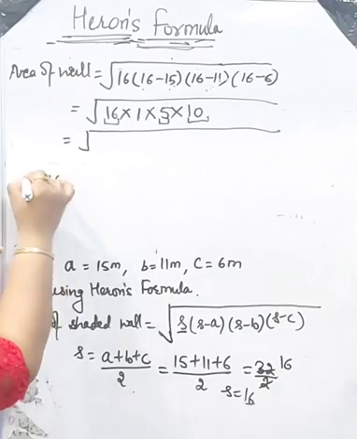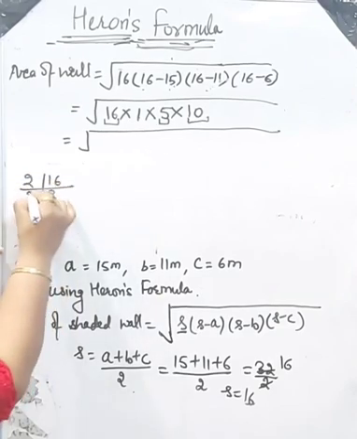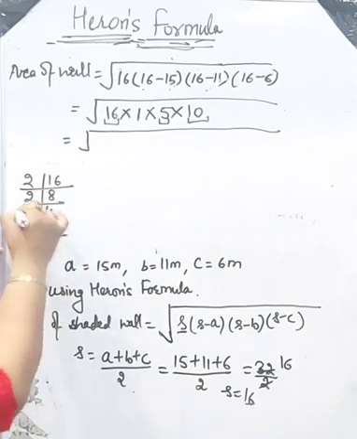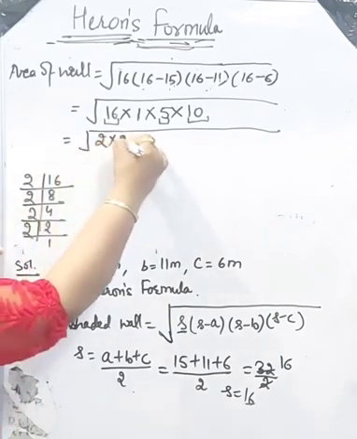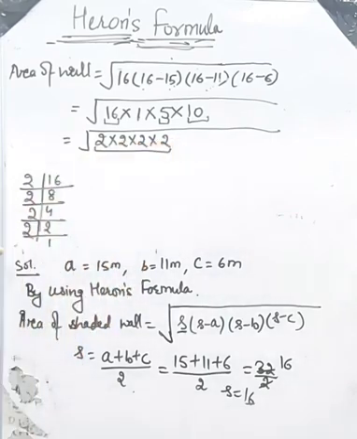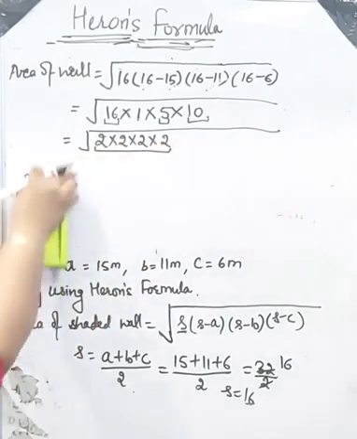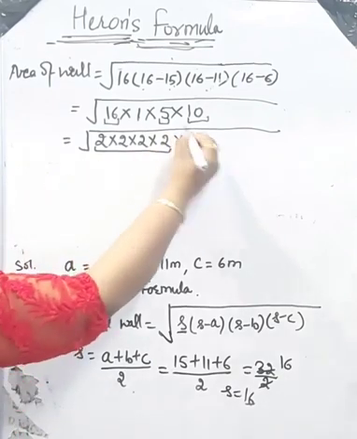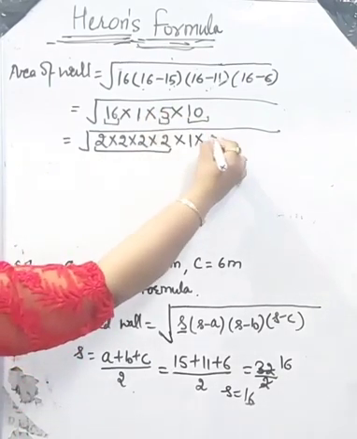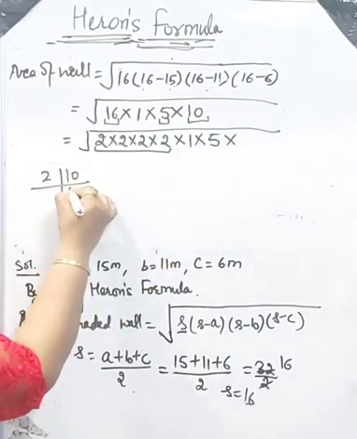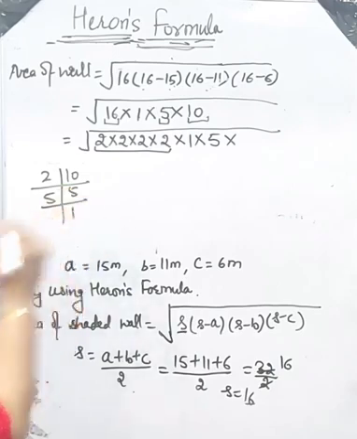Do prime factors of 16. Write 1 as it is and 5 as it is. Prime factors of 10 is 2 into 5.